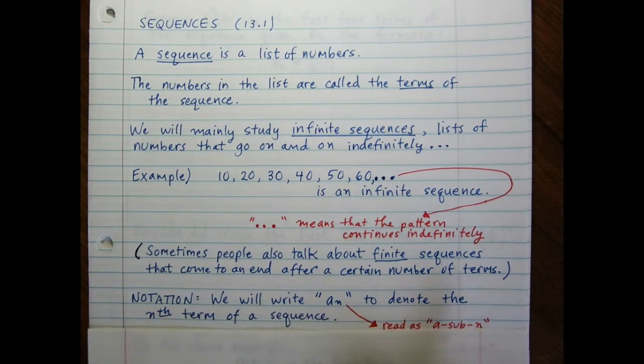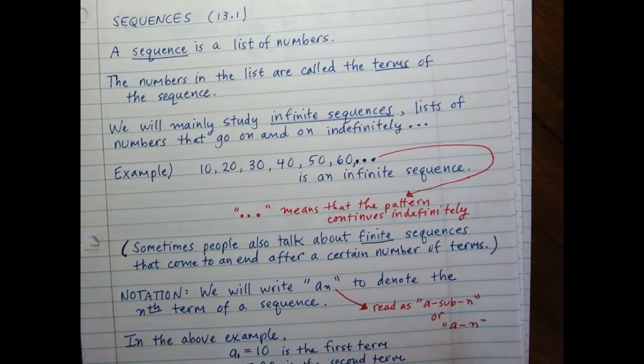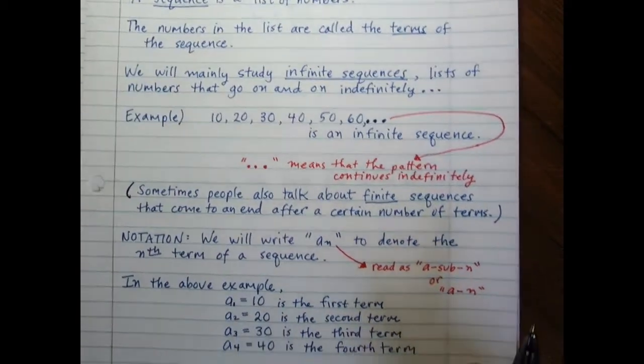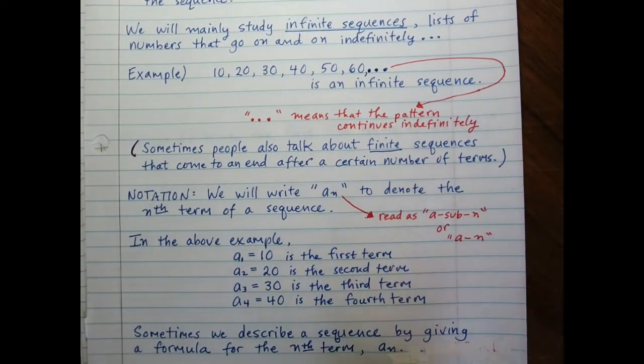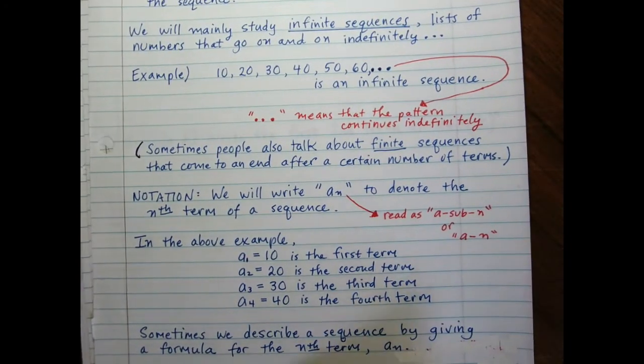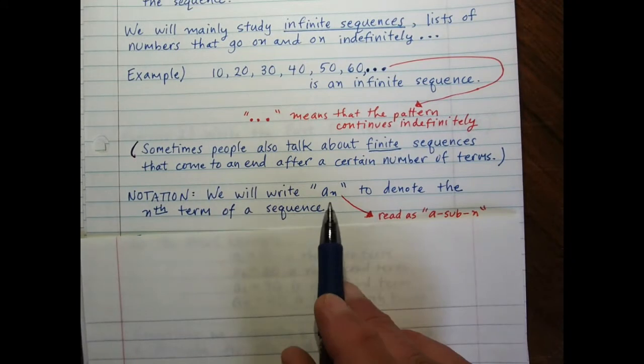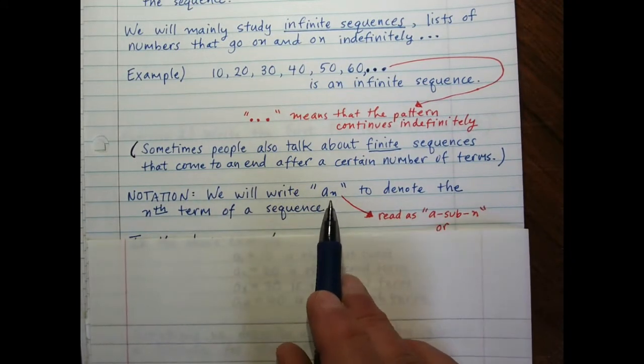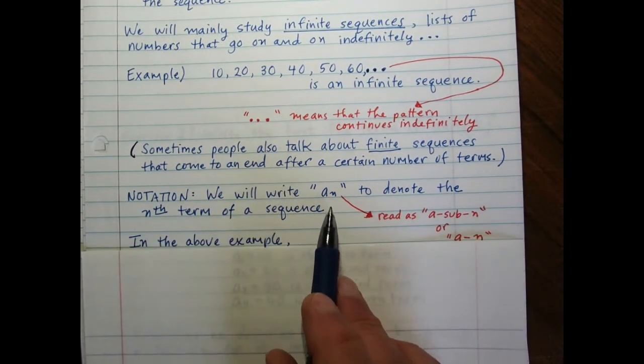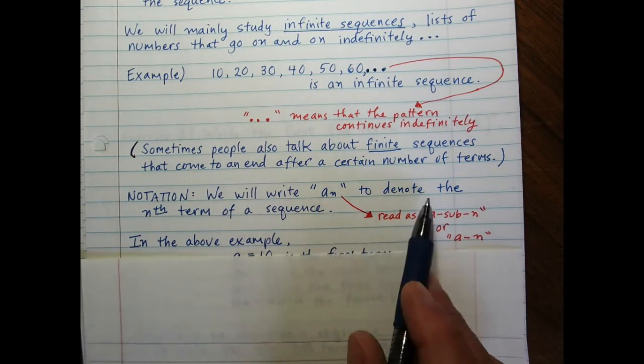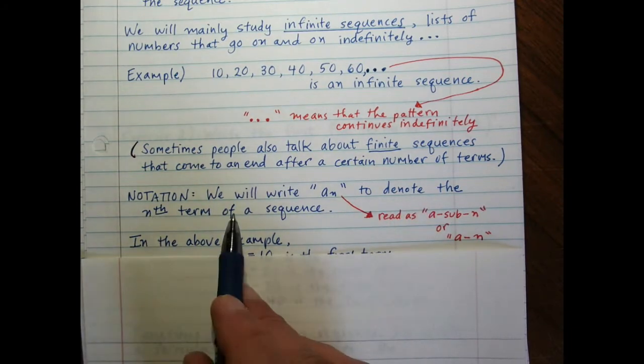And we're going to use the following notation. We're going to write this a sub n, or sometimes people just read this as a n, to denote the nth term of a sequence.